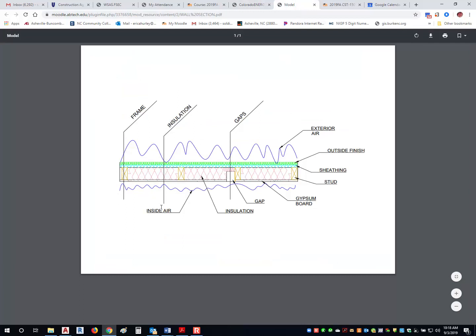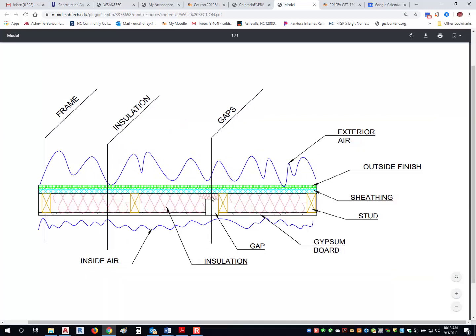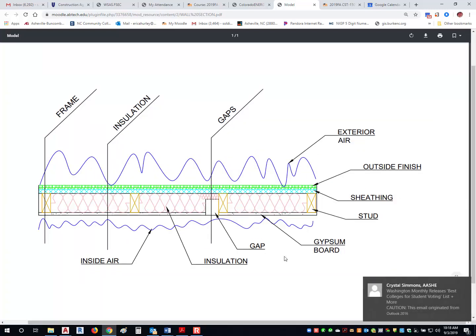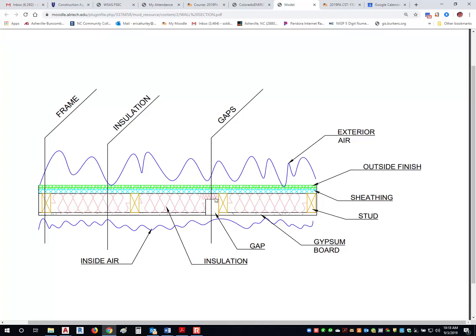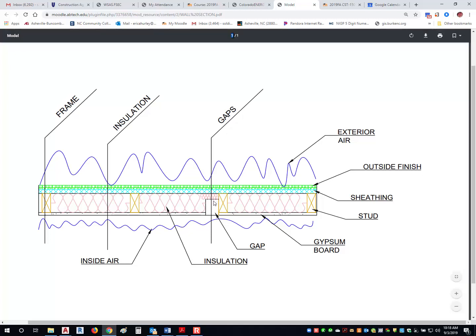We have the insulation, which is going to be a very nice high number because it goes through all the insulation. And then I just show an electrical box here as the gaps because this would be less. So we would cut this insulation and place it back here. So if this is, say, an R13 at this point, obviously we can't have an R13 here. So we have to determine what that would be, and I would give you that as well.